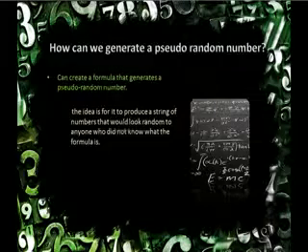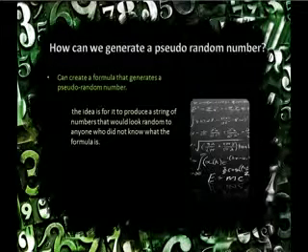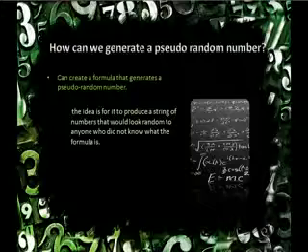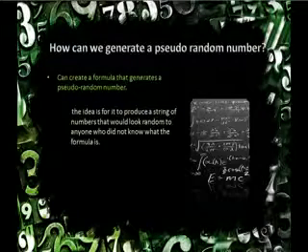How can we generate a pseudo-random number? You can create a formula that generates pseudo-random numbers. When designing the formula, the idea is for it to produce a string of numbers that would look random to anyone who did not know what the formula is. Characteristics of a good formula include no repetition: the sequence does not cycle around and repeat itself.